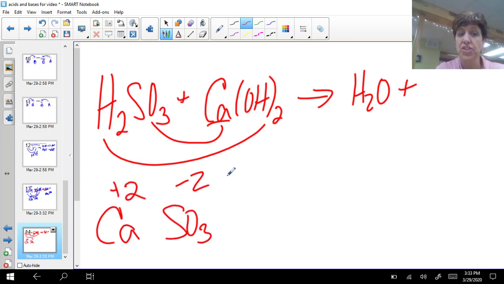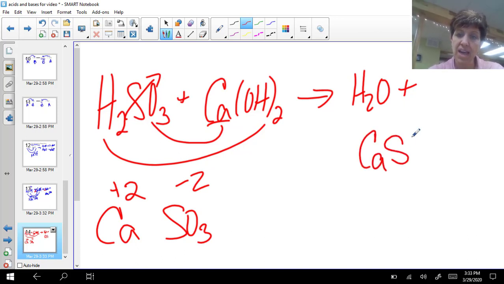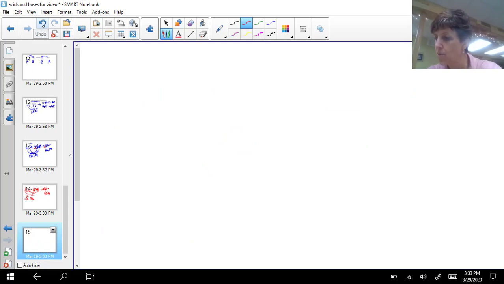SO3 is a -2. Again, I know that because that 2 came from up there, and I could look on table E and it tells me SO3 is a -2. So if I crisscross those, they cancel out. So CaSO3. In order to balance it, to get 1, 2, 3, 4 H's, I would need 2 waters there. All right, let's do another one.